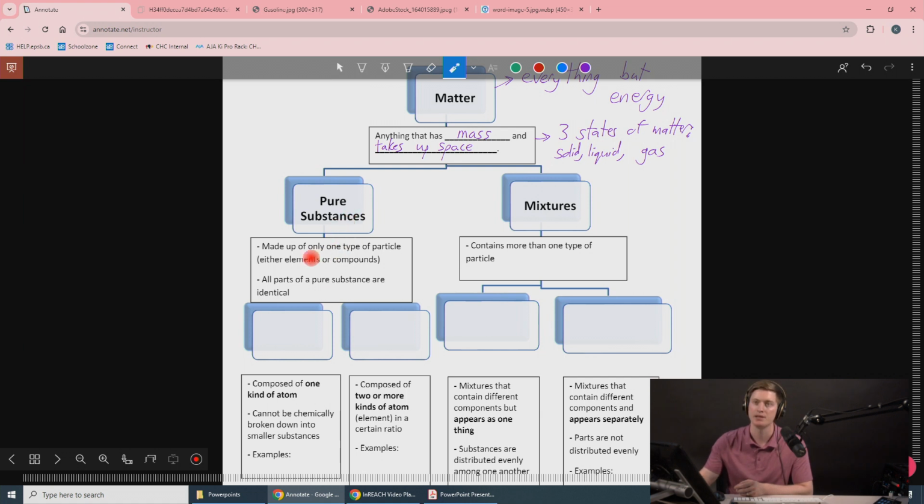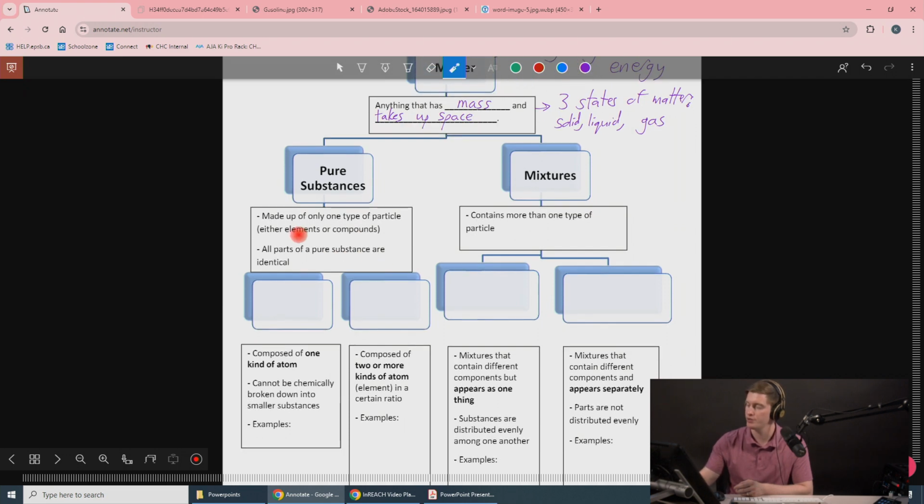It's either going to be an element or it's going to be a compound. And all parts of a pure substance are identical. Here's our two categories of pure substances right here. We have elements and we have compounds. So we can put those in those blocks here. We've got elements and we have compounds.